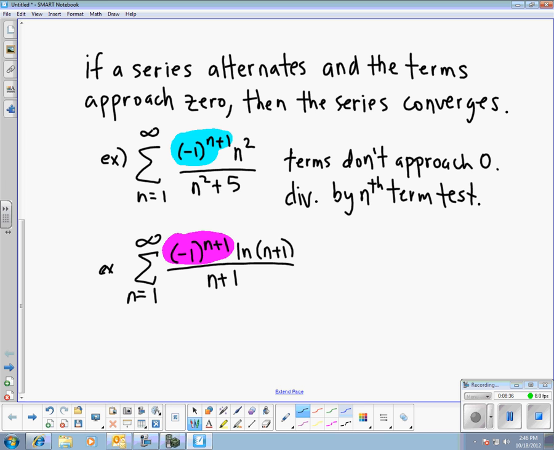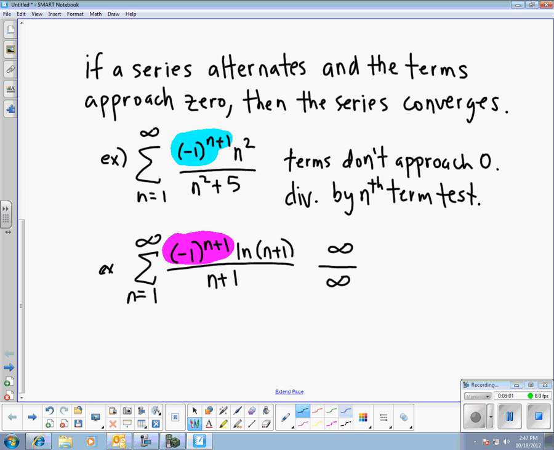So it alternates. So if I can decide that these terms approach 0, then I can say that the whole thing converges. Not just the sequence of terms converges, but the whole series converges. That's the power of the alternating series test. So what do I have? I have natural log on top, and I have linear on the bottom. Now natural log does go to infinity, and linear does go to infinity. However, natural log is the weakest of all infinities.